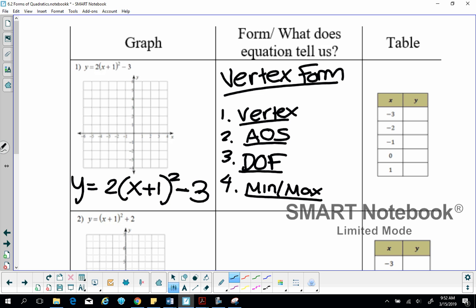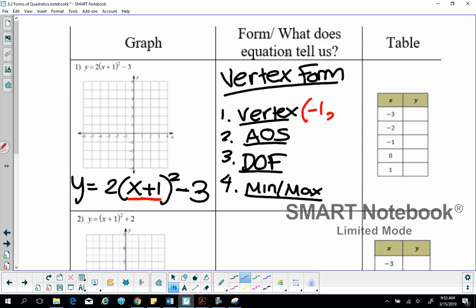So what would the vertex be? What if we say this is the opposite, right? Because we have it, it's almost like telling us, make it opposite. What's the opposite of positive 1? Negative 1. So that's the x coordinate of my vertex.